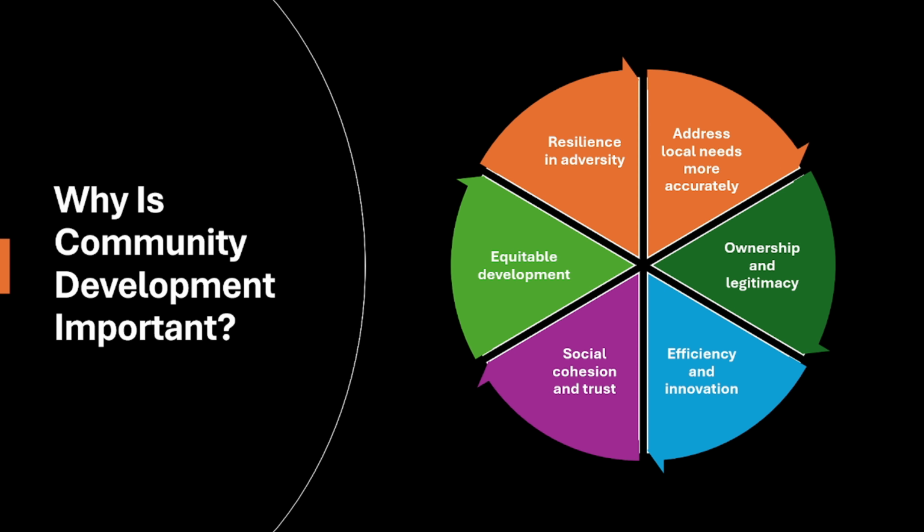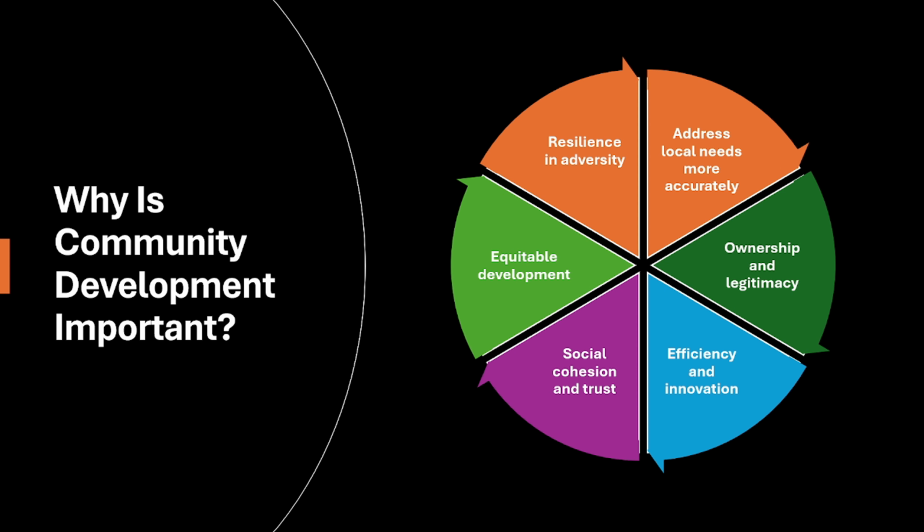Social cohesion and trust. When communities work together towards a common goal, they naturally begin to build trust, reduce tensions, and strengthen social bonds. And this is especially important in places where there might be conflict, division, or social isolation.